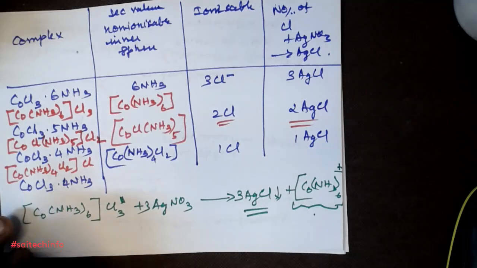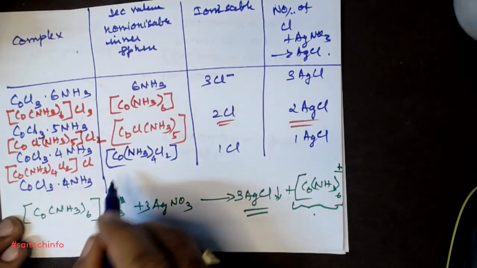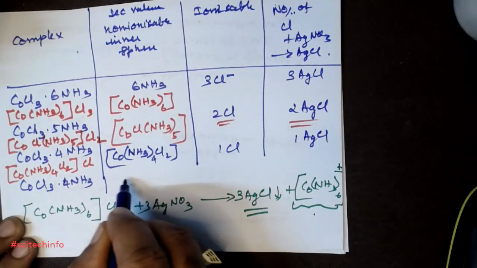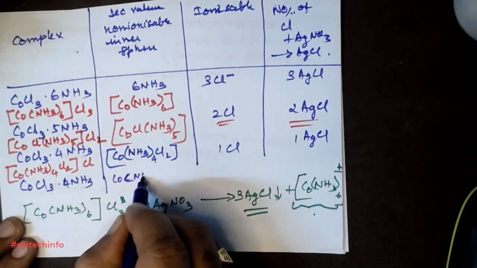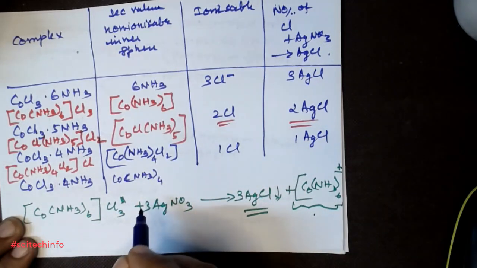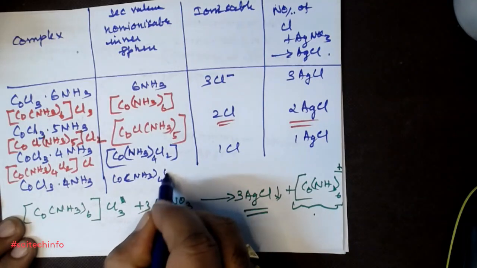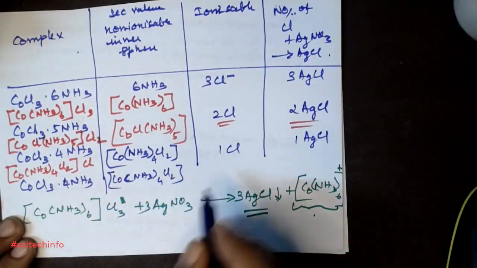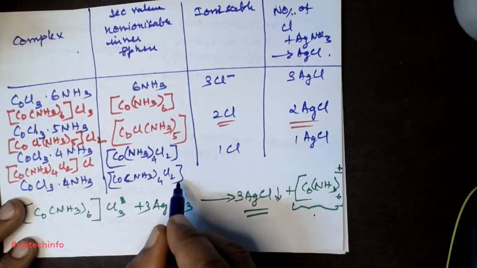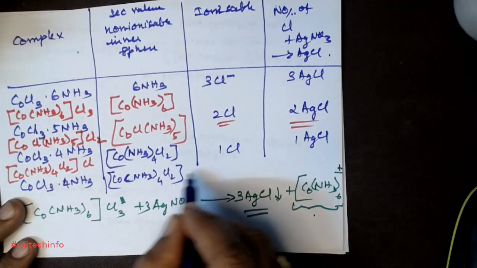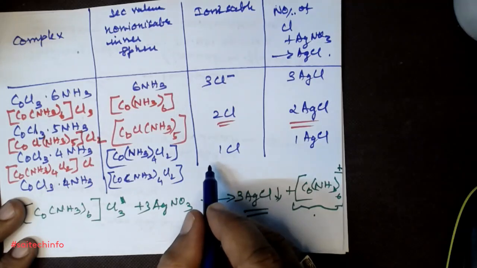And what about the last one? The last one has Co, NH3 4 times with the 2 Cl, and 1 Cl is available. So we can even have 1 Cl, NH4Cl2, the same is repeated here it seems.